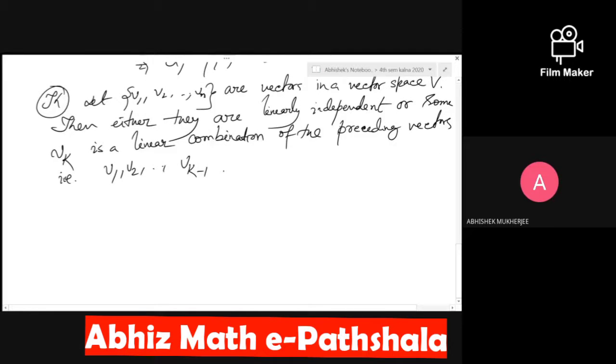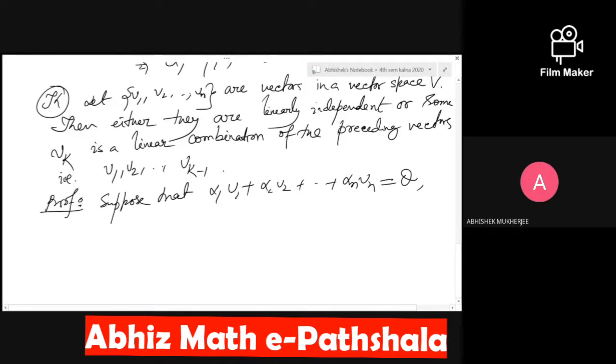Because the first case is, if they are linearly independent, then we have nothing to prove. So we must assume that these vectors are not linearly independent. And for this reason, suppose that alpha 1 b1, alpha 2 b2, alpha n bn equals theta for some scalars alpha 1, alpha 2, alpha n.